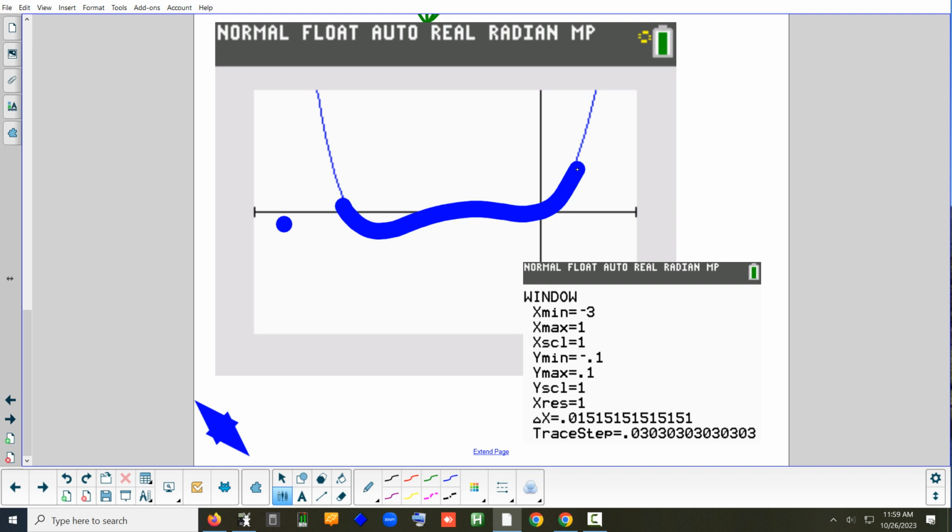I can't tell, is this once, twice, what's going on there? The thinner you make it, the easier it's going to be to see. Okay, any questions on that?